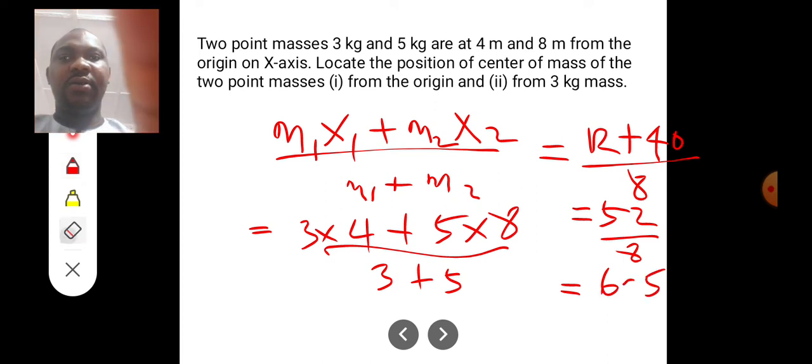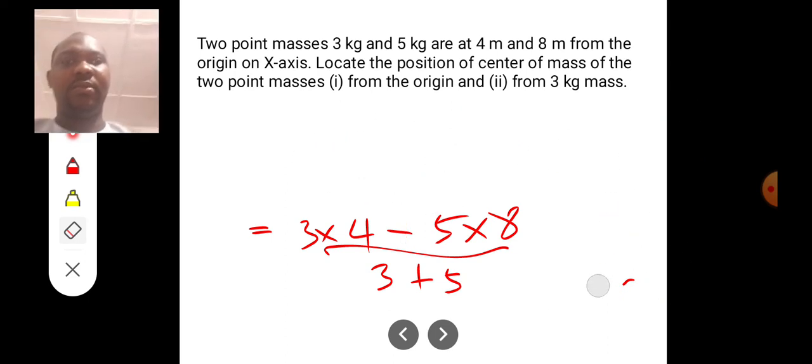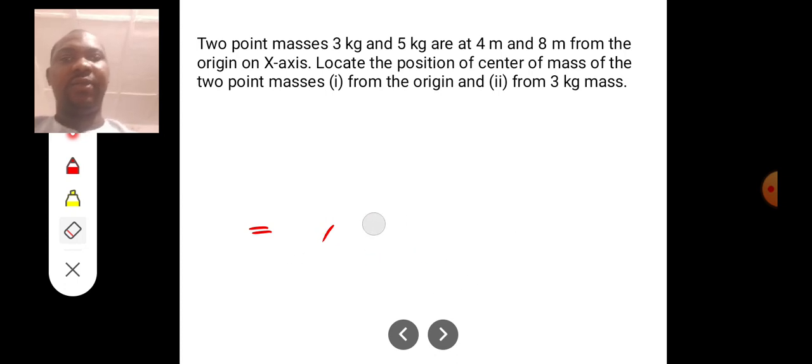Okay, so let's see another one. The next one says we should find the center of mass from the 3 kg mass. Let me say this is the 3 kg mass here and this is the 5 kg mass here, and let's assume this is the origin.